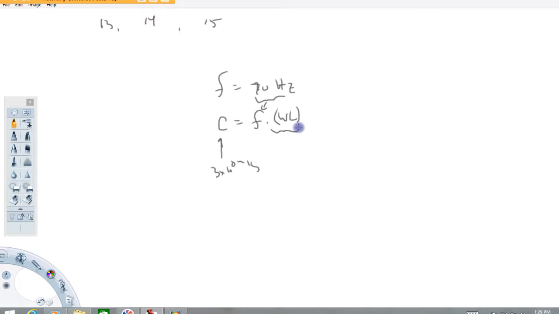Now when it says calculate the length of a quarter-wavelength antenna, I guess they mean that the length of the antenna is 1/4 of that value. That's what I suspect they're looking for there. And then they're asking you to comment on whether it's practical or not.